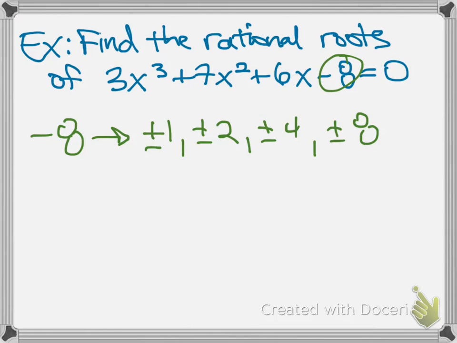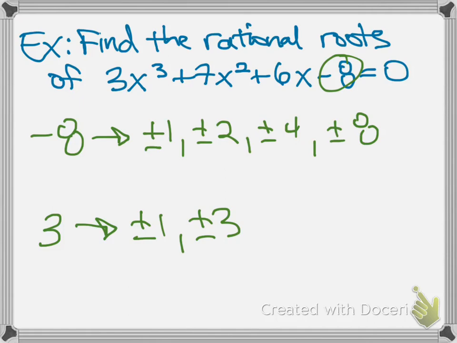Then the other thing we need to look at is the ratio of our constant term, negative 8, over our leading coefficient, which is 3. Actually, I'm going to back up just a little bit because I think that might be misleading. I'm just going to write out the factors of 3 next. And of course, the only factors of 3 are positive and negative 1 and positive and negative 3.